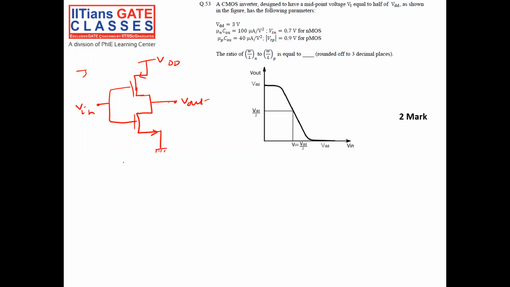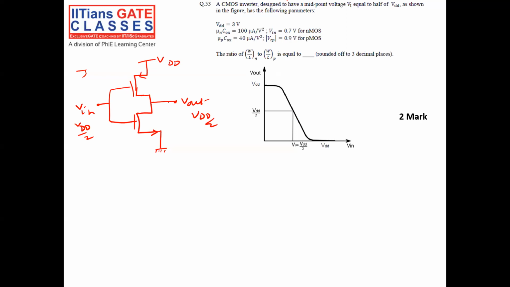So, showing that we have a midpoint voltage Vi equal to VDD by 2 in the figure. I am applying Vi equal to VDD by 2, and at that point V output is equal to VDD by 2. So V in is VDD by 2, V out is VDD by 2, right?